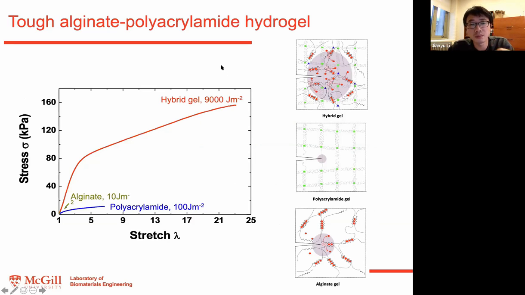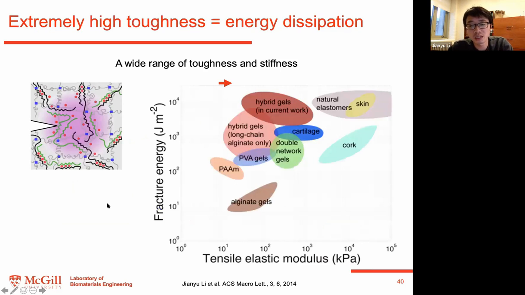And then in terms of matrix, we use a very tough hydrogel based on alginate and polyacrylamide. I don't have time to go into the toughening mechanism, but the nice thing we have demonstrated in our previous work is that we can enhance the toughness of this hydrogel to a level comparable to the natural rubber or elastomer used in a car tire, on the order of 10 joule per meter square.